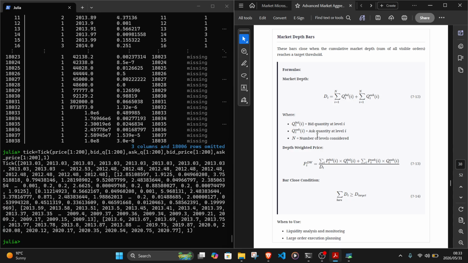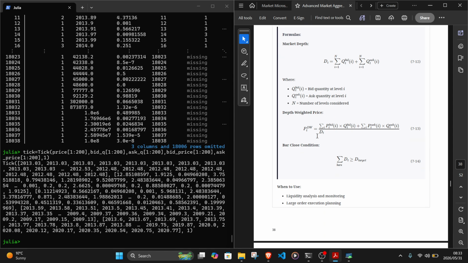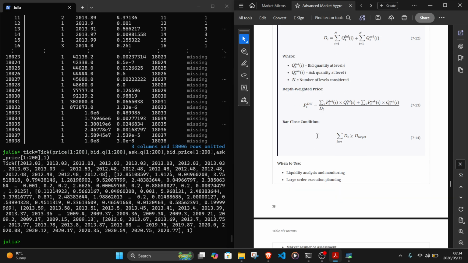The formulas are: market depth defined as D sub T equals the sum of Q sub T bid of i plus the sum of Q sub T ask of i, where i indexes from 1 up until N, where Q sub T bid of i equals the bid quantity at level i, and Q sub T ask of i equals the ask quantity at level i, and N equals the number of levels considered. Depth weighted price, I'm not going to get into this, because depth weighted price and price are just the same thing.